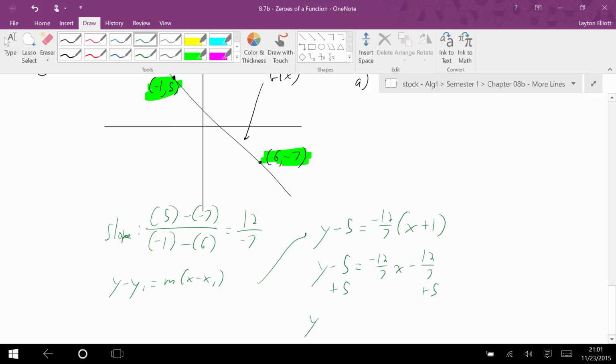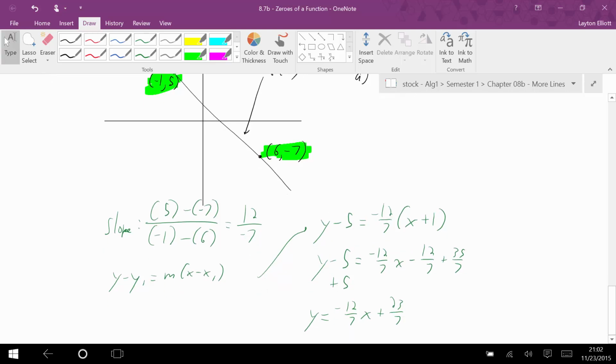and then I add 5 to both sides, I'm going to get y equals -12/7 x plus... Then I have to add these two. Well, negative 12 sevenths plus 5 is the same as negative 12 sevenths plus 35 sevenths. So that gets plus 23 sevenths.